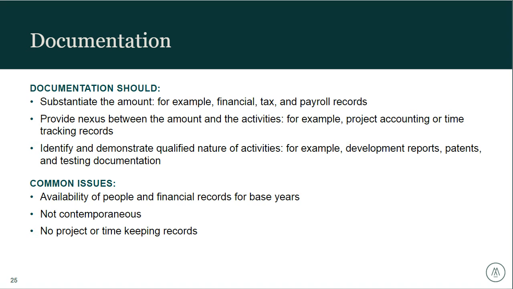And then the third bullet here, documentation should demonstrate the nature of your qualified activities. You need to be able to demonstrate that you're meeting that 4-part test that Star went over. Again, this is something that you might already be generating during the normal course of your business, and you just need to gather some examples of those documents.